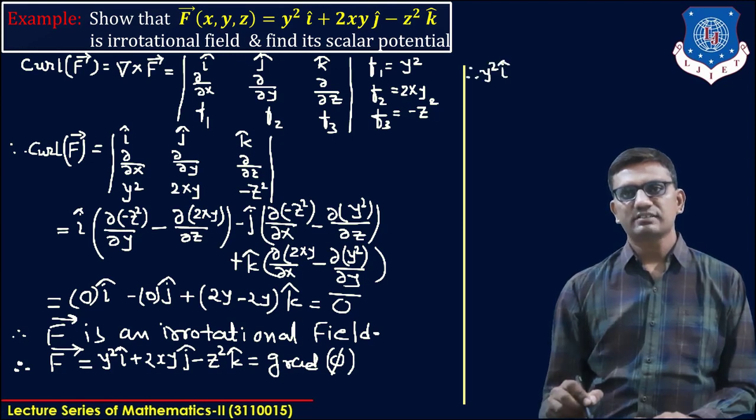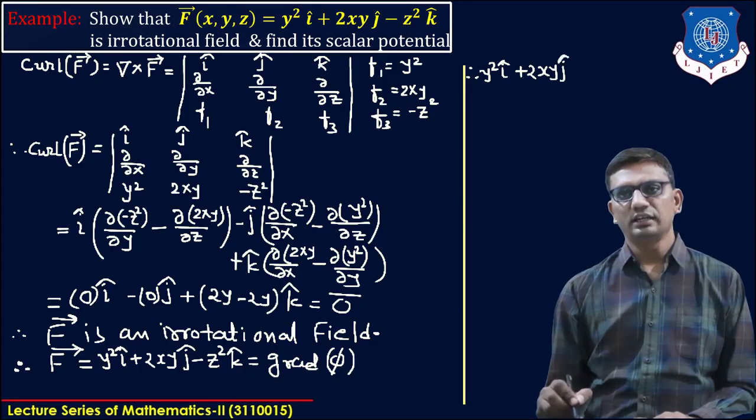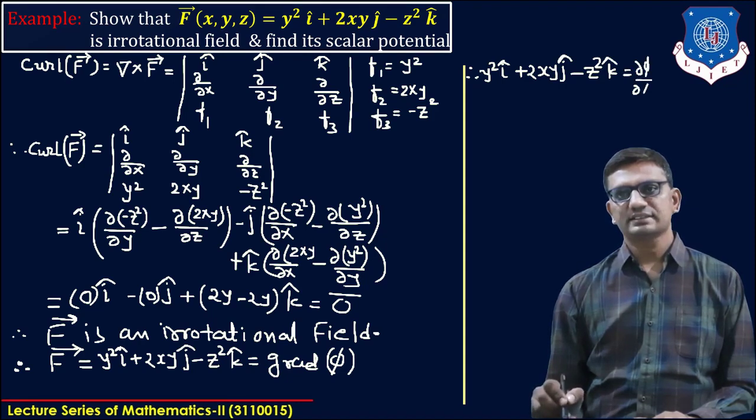Therefore y square i caret plus 2xy j caret minus z square k caret equals del phi by del x i caret plus del phi by del y j caret plus del phi by del z k caret.